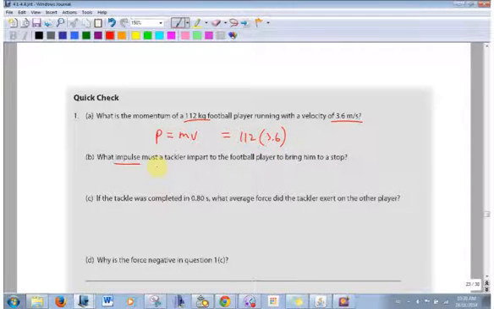What impulse must a tackler impart, that's a weird word, to the football player to bring him to a stop? I just did this, didn't I? Impulse, by definition, is the change in momentum, which is final minus initial. If he's at a stop, how much momentum does he have? 0.